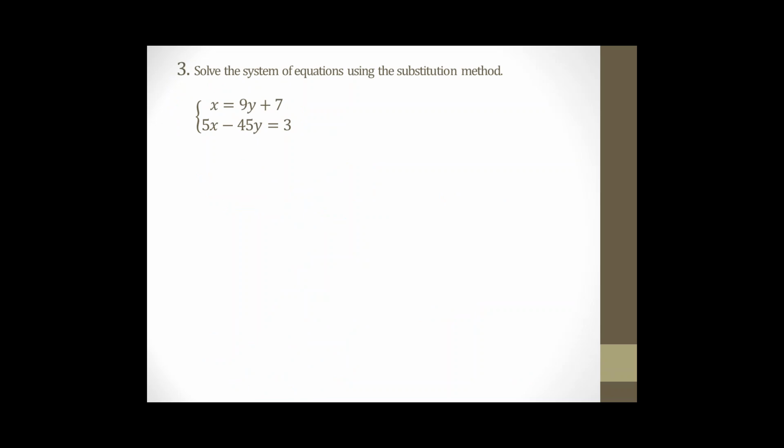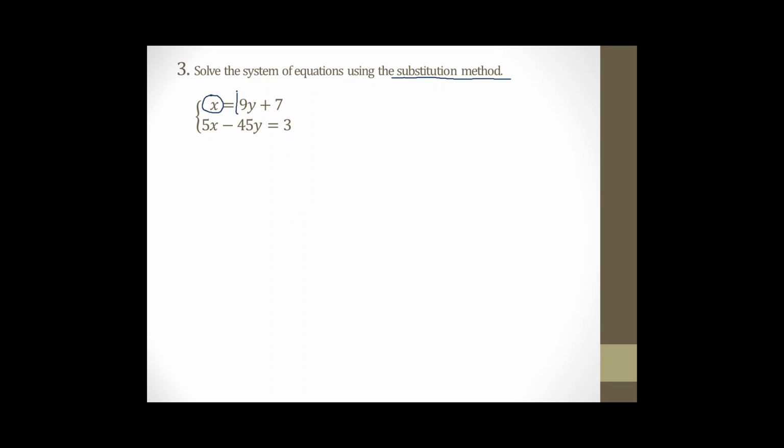So this test is going to be based heavily on systems of equations. Here's another one, and this time they want us to use the substitution method. So usually the substitution method you use when you have one of the variables all by itself. In this case, we have x all by itself.